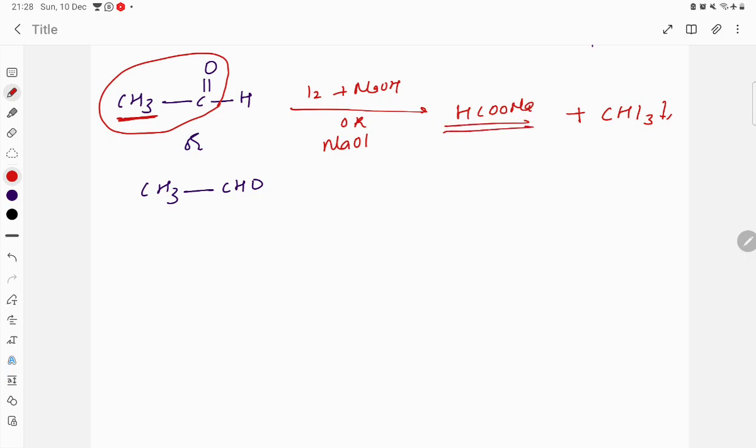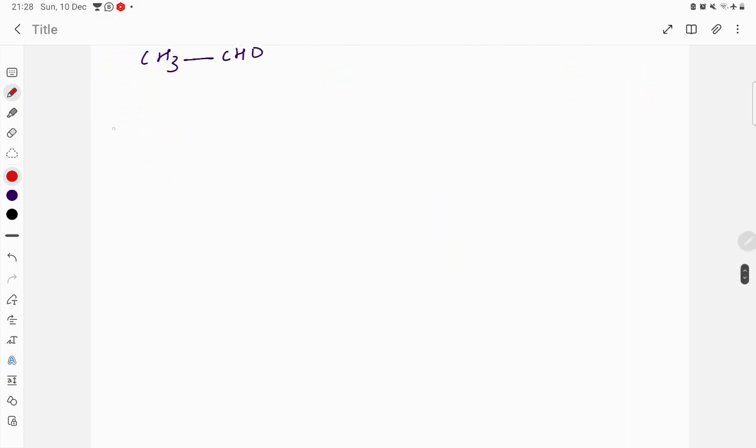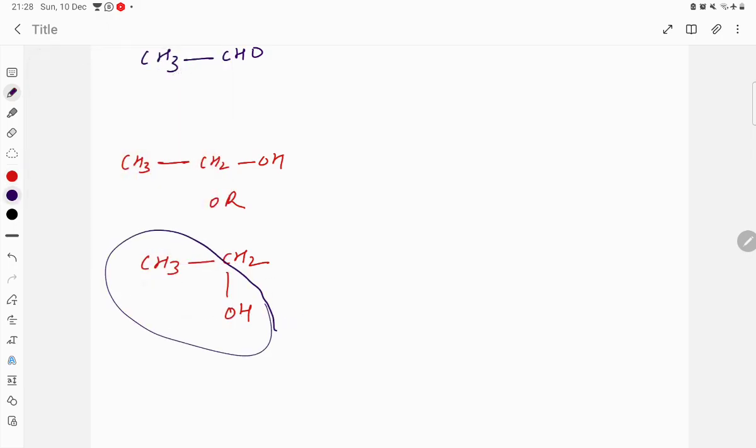Next, in case of alcohol, suppose we have CH3 CH2 OH. This is the methyl hydroxy group, yes or no? This is also given by the same reagent, I2 plus NaOH.